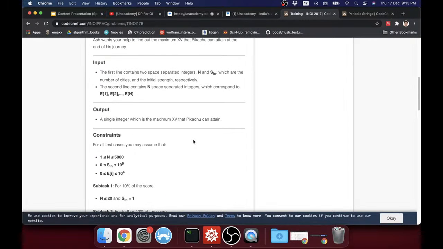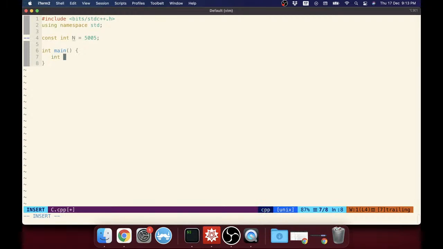So the first line was n and s. Right, so maybe we get these. Then maybe we want to compute the s array. So let's just say we have this and we compute s0. Now we try to calculate all the n values. So what is it?